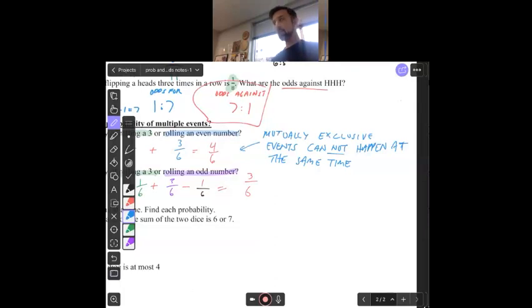It's okay to add them. But if they aren't mutually exclusive, if they do share outcomes, we have to subtract back out those ones that were double counted.